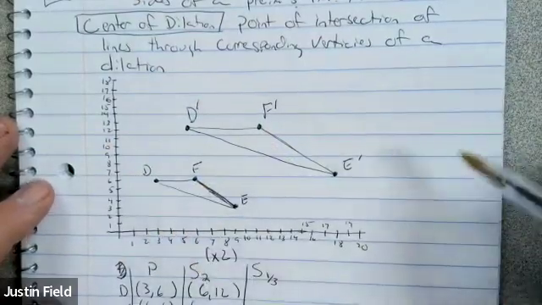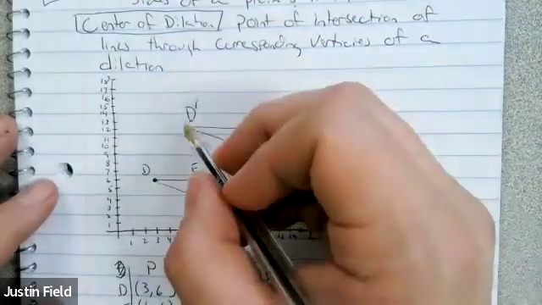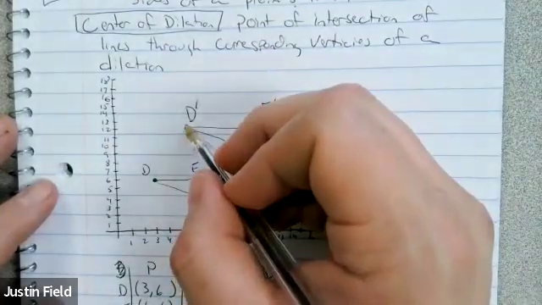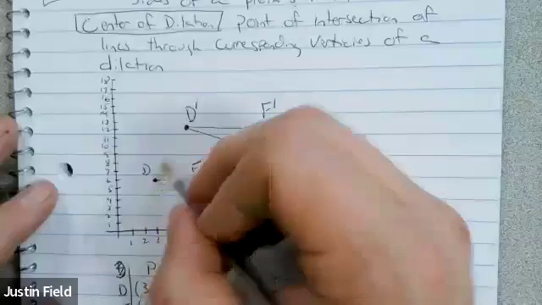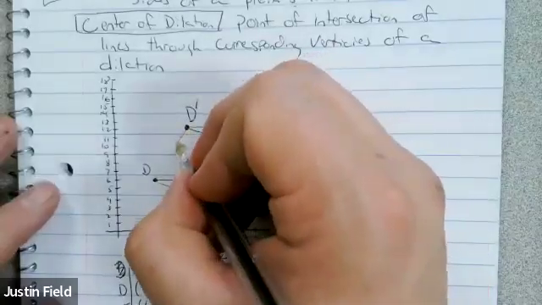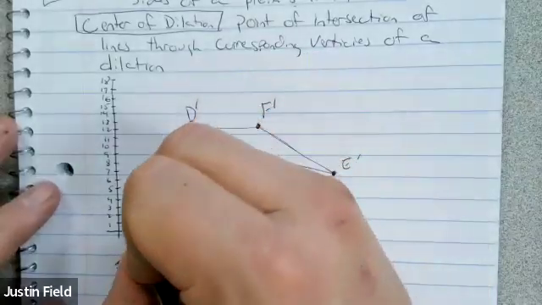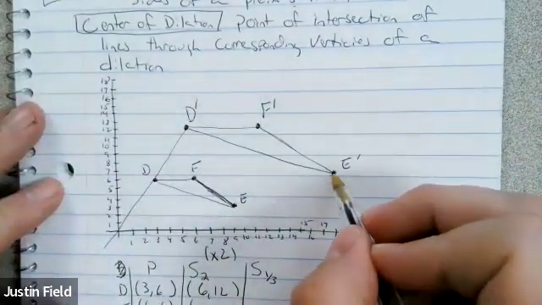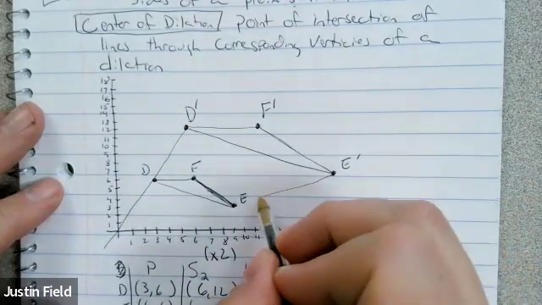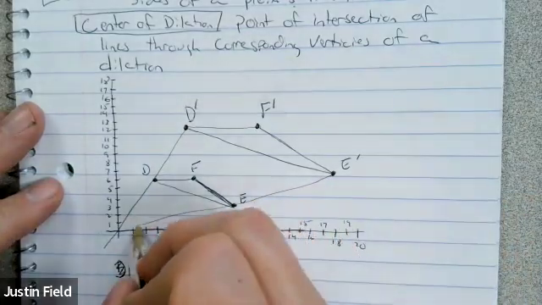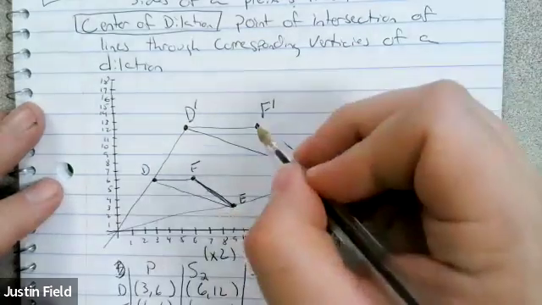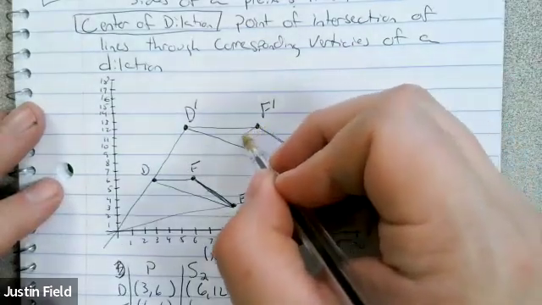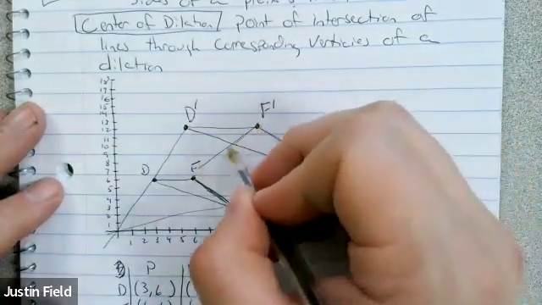And let's look at that center of dilation. What that is talking about is I can draw a line between D and D prime and keep it going. And I can draw a line between E and E prime and keep it going. And I can draw a line between F and F prime and keep that line going.